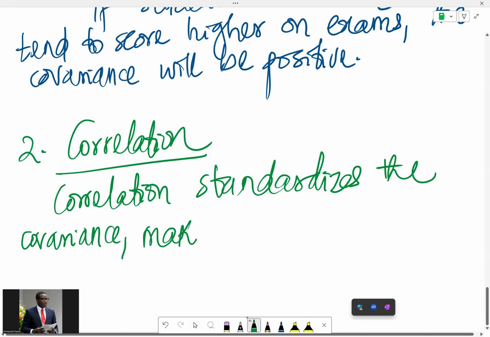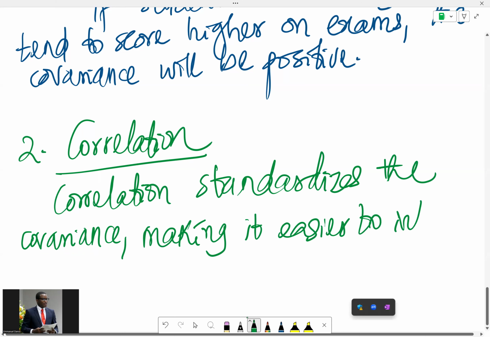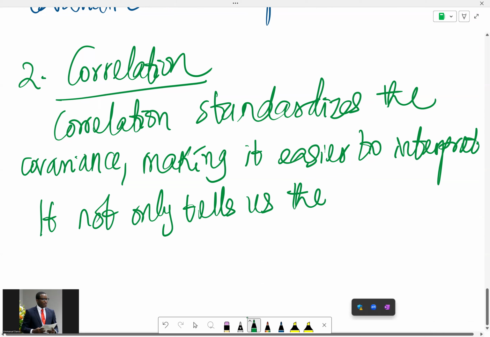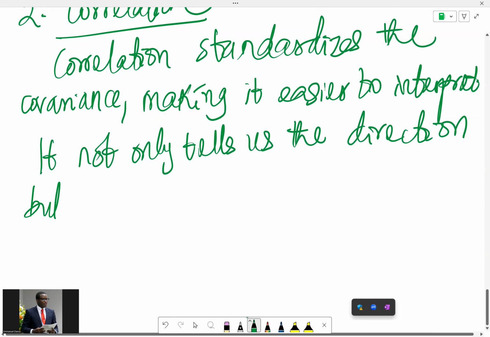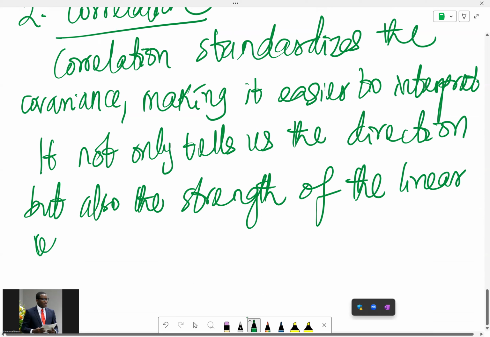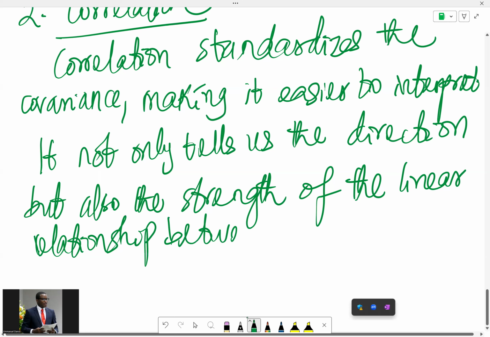making it easier to interpret. It not only tells us the direction, but also the strength of the linear relationship between two variables.